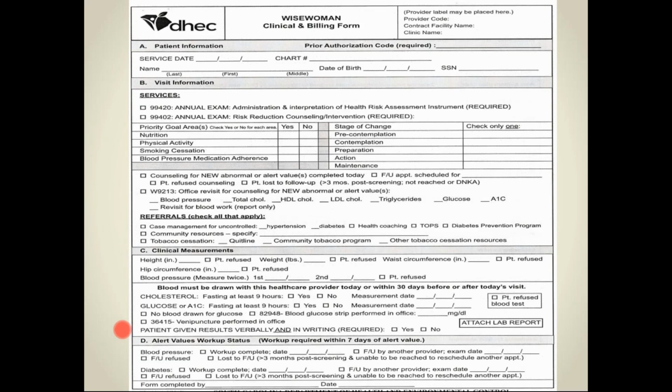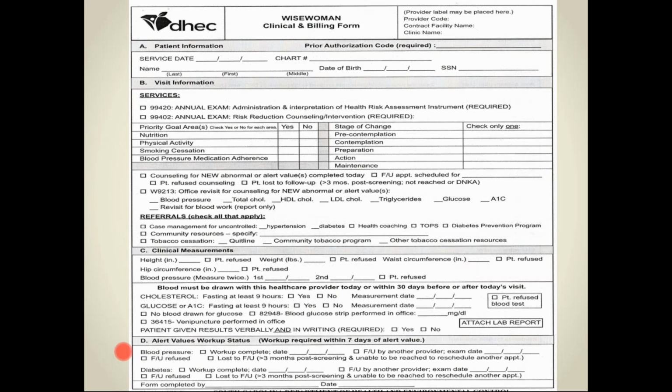The alert value that's on this form is for the abnormal blood work. If something comes up abnormal, like the blood pressure or the diabetes reading, you just fill that out and document that there was an alert.